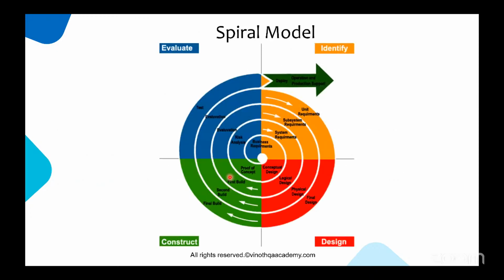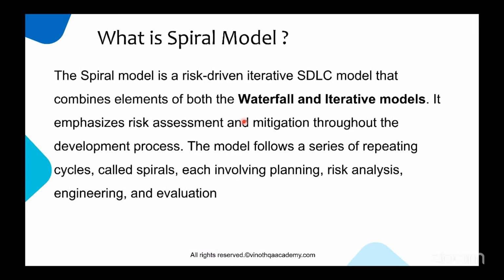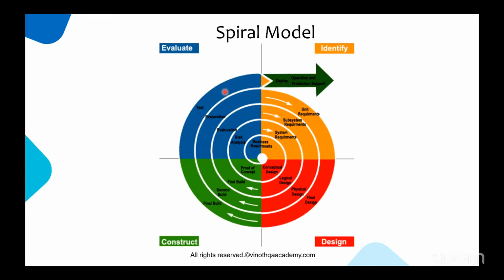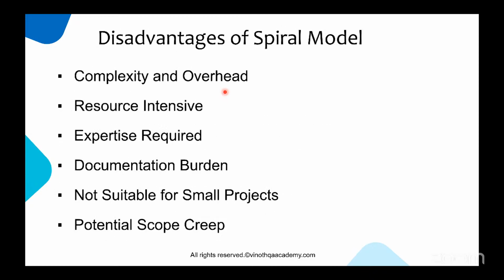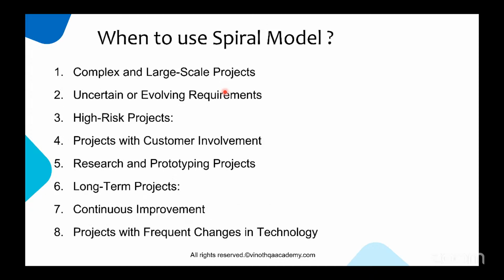Every spiral works based on the risk factor. Whatever we are going to take, we will first check its risk, and based on that only, we will go for the development. For all complex projects, we will go for the spiral model.